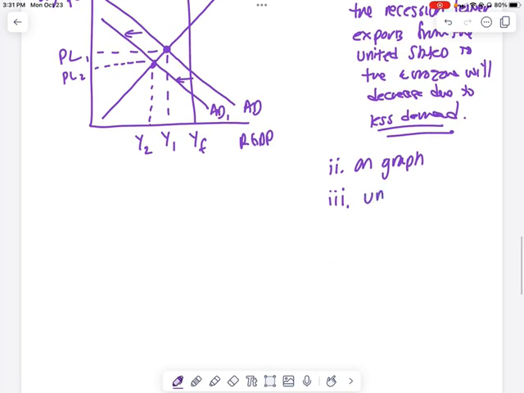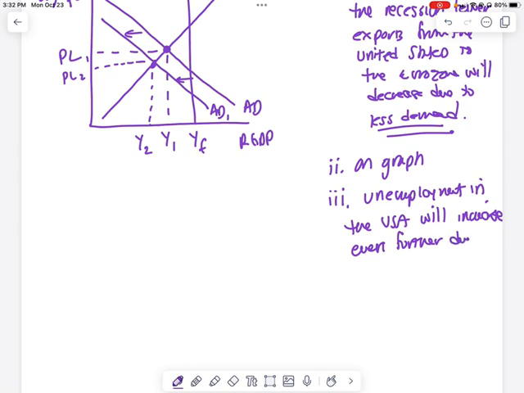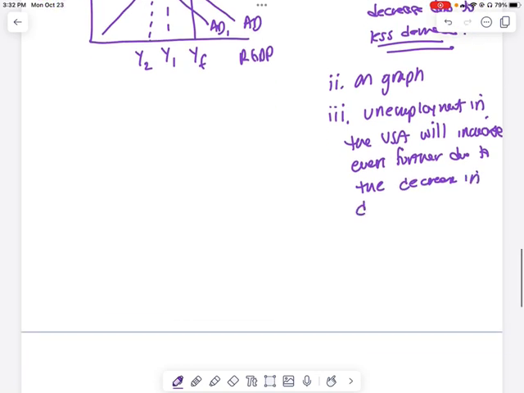So unemployment in the USA will increase even further due to the decrease in demand from the Eurozone.